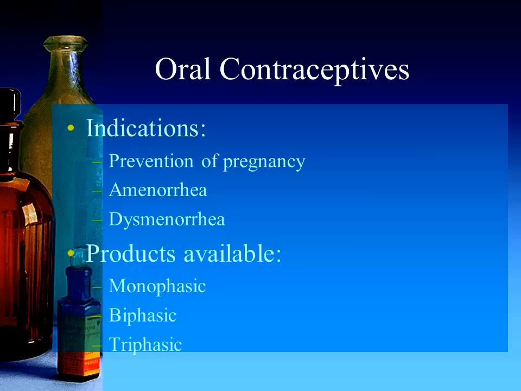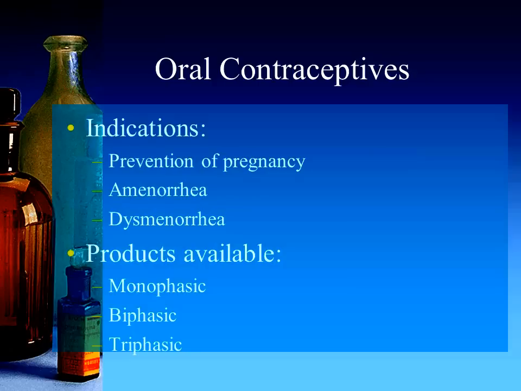With biphasic and triphasic, you usually see a variety of pill colors, and each phase has a different strength of estrogen in relation to progesterone.